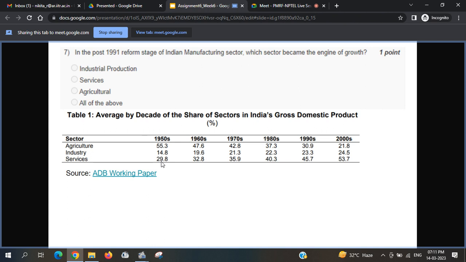The service sector contributed only 29.8% in the 1950s, and it was steadily growing throughout the 1960s, 70s, and 80s. But it saw a huge growth after the 1990s policy reform, and reached almost 54% of the share of gross domestic product in the 2000s.